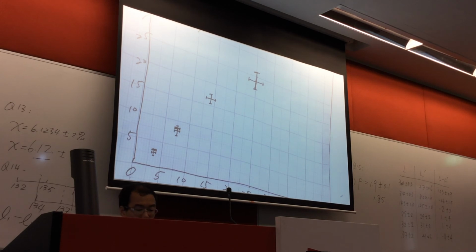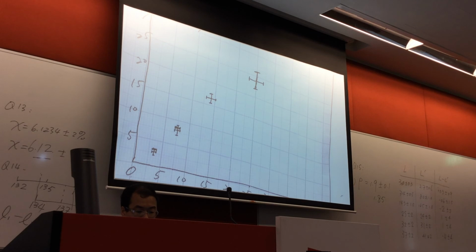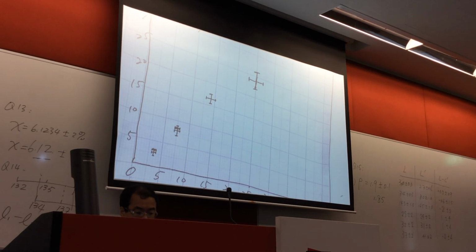Okay, so question 18: you have the mass of the car, which is big M, and the trailer, which is small m. The results are in a standard form, which is best estimate plus minus the uncertainties. So what will be the best estimate of the total mass of the system?